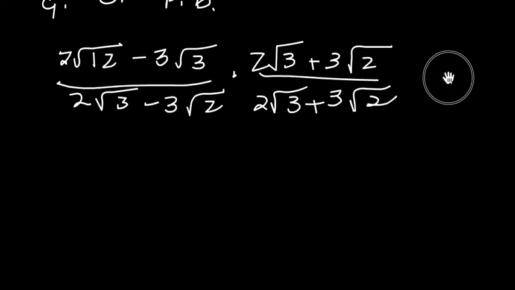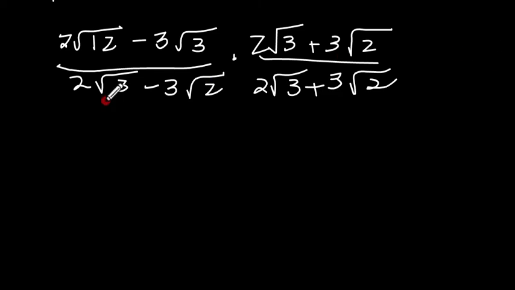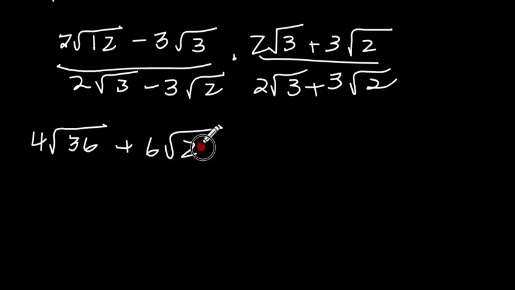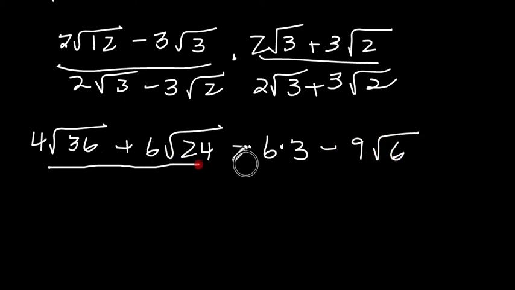Okay, so we need to FOIL the top. So first is going to be 4 root 36. The outer is going to be plus 6 root 24. The inner is going to be negative 6. Root 3 times root 3 is just 3. Minus 9 root 6. The bottom, the outer and the inner cancel each other out. That's the whole point of this.